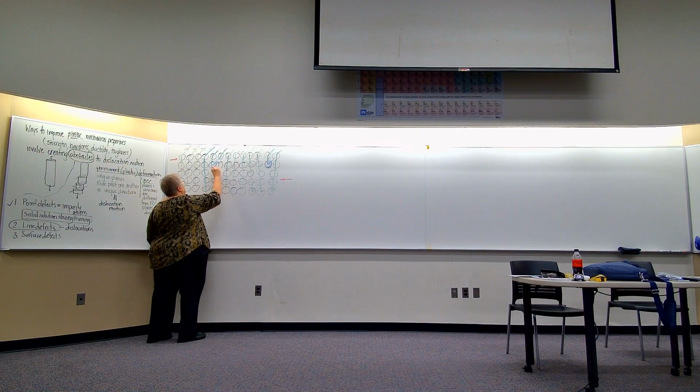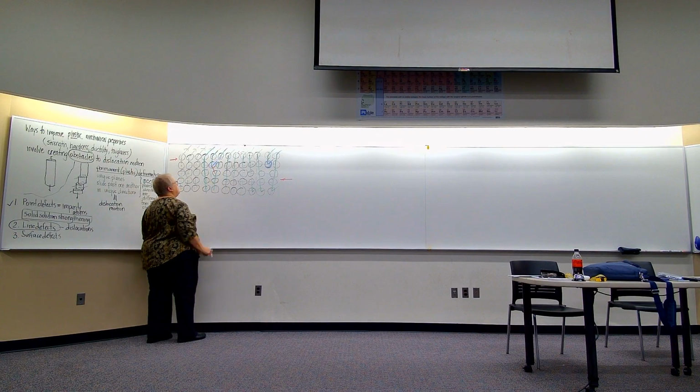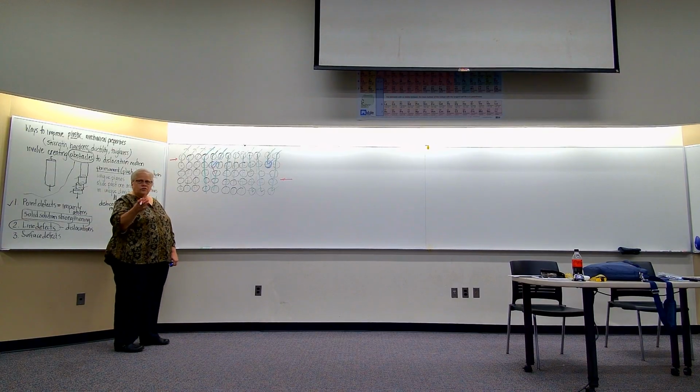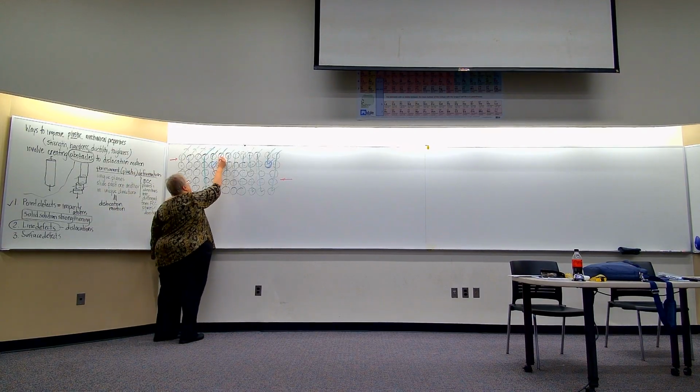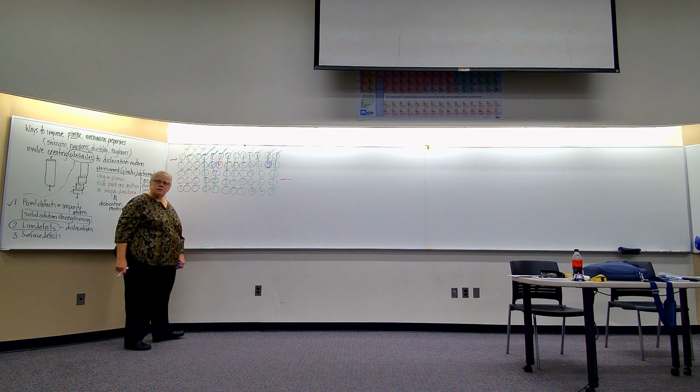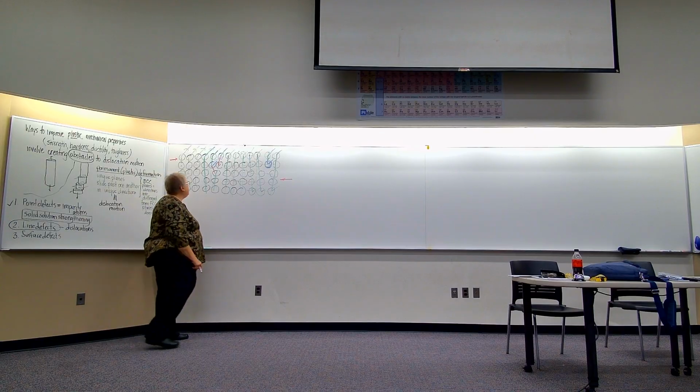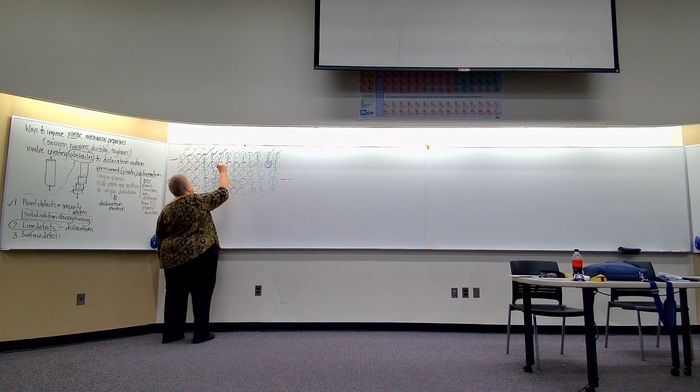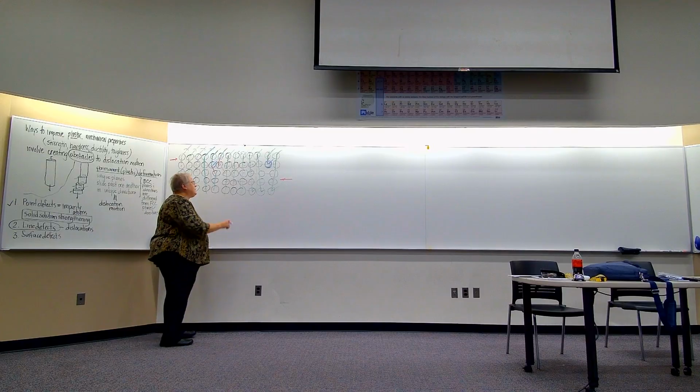This bond breaks, and this bond forms. And of course it straightens out, and now my dislocation is here. Okay? And then this bond breaks, and that bond forms, and now my dislocation's here.